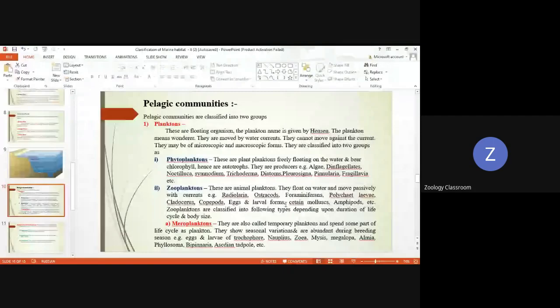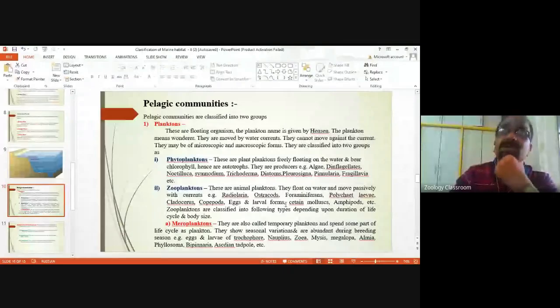Some planktons, even though they have the capacity to move, cannot move against the strength of the waves and water currents, and as a result they are dragged along with the currents. Such animals are grouped and called planktons.